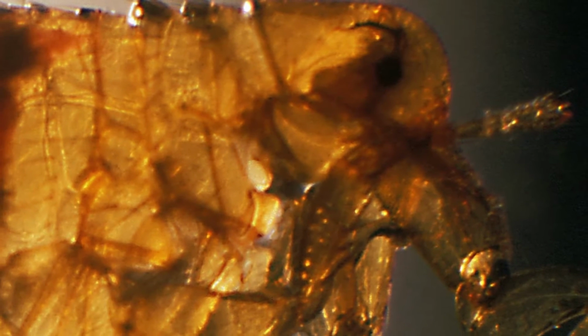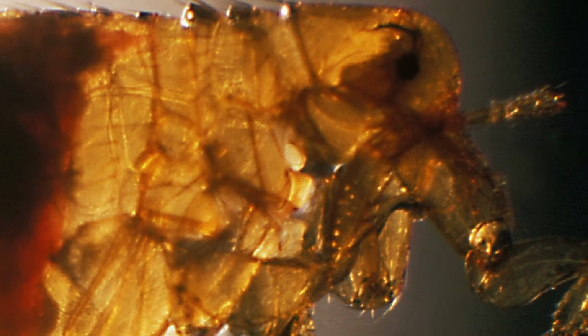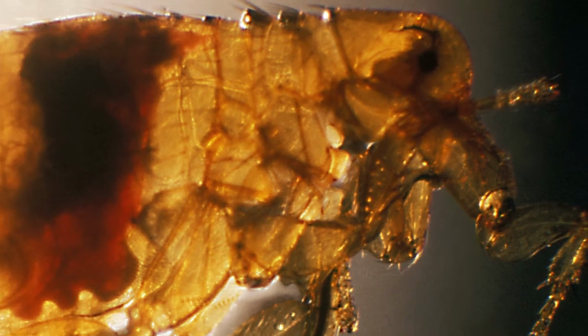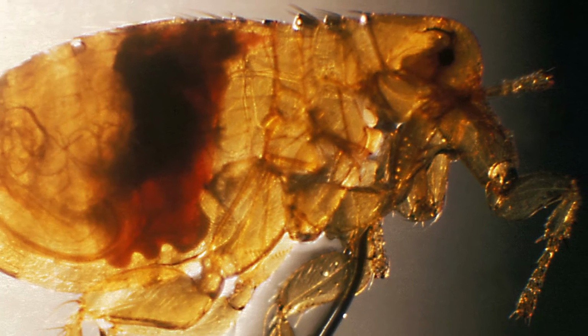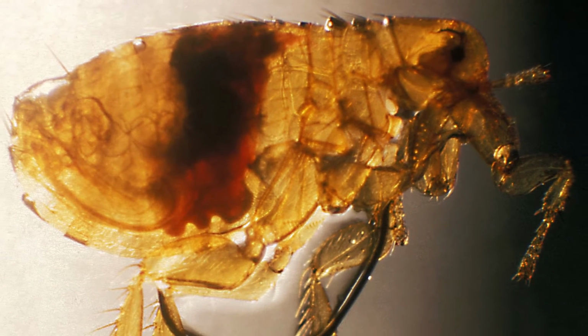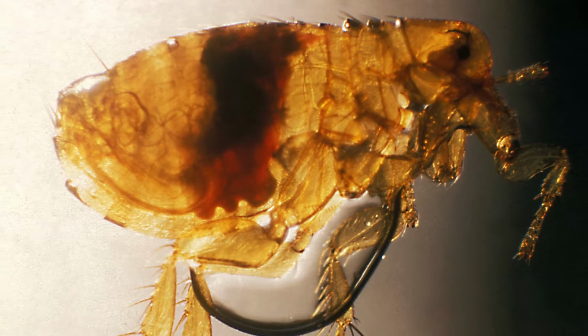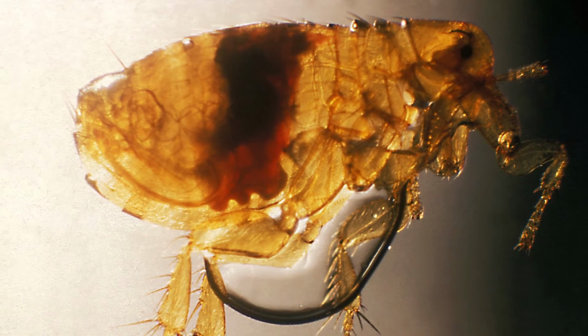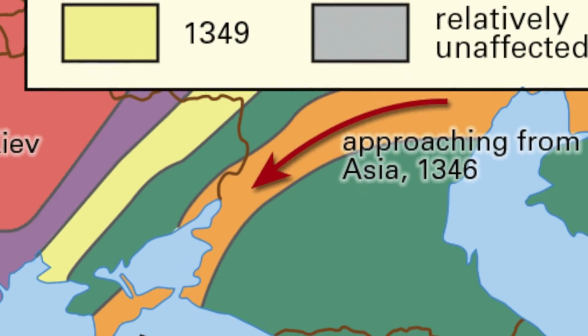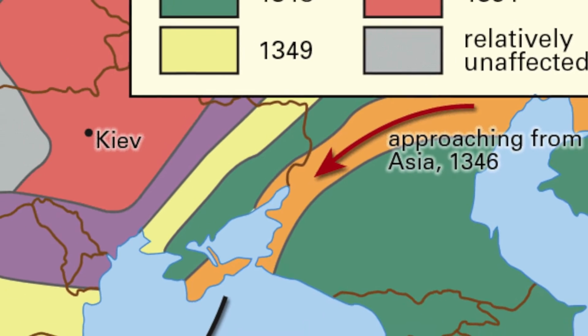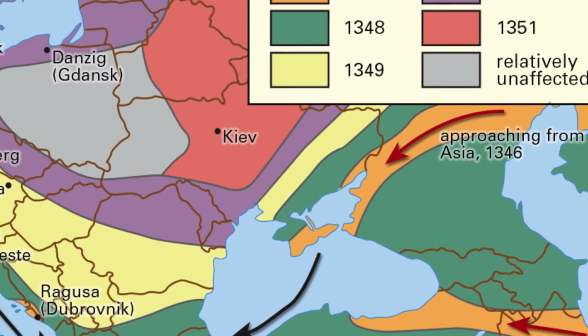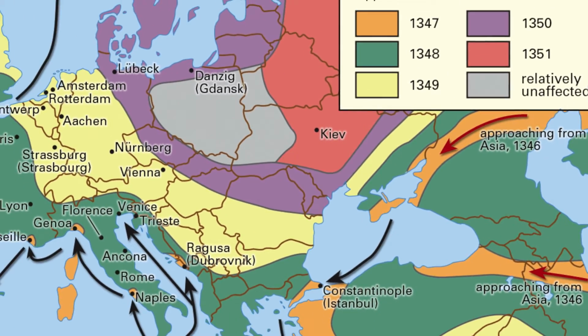Well, they inadvertently created through this system a means by which the flea, which carries the bubonic plague bacteria, managed to hitch a ride with the Mongols and their livestock. And this flea infected China, India, Persia, Mesopotamia, and Europe, causing one of the great die-offs in human history.